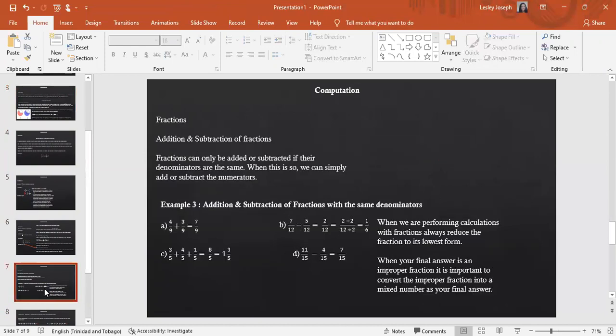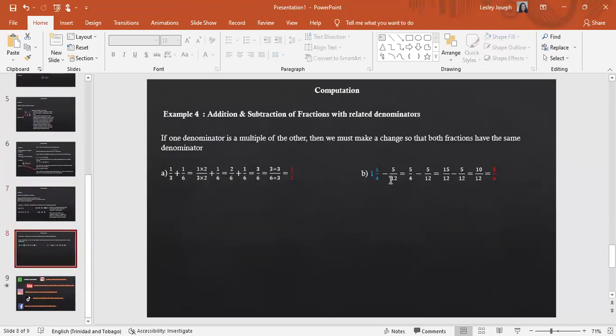So the equivalent of 5/4 in twelfths, we are going to multiply by 3, because 3 is the lowest common factor between 12 and 4. In order for us to get 15/12, 4 multiplied by 3 is going to give us 12, and 5 multiplied by 3 is going to give us 15.